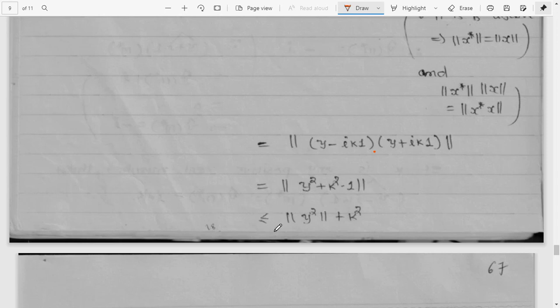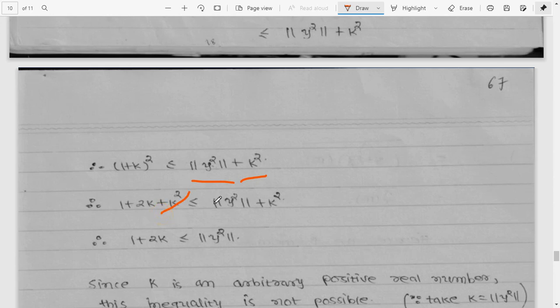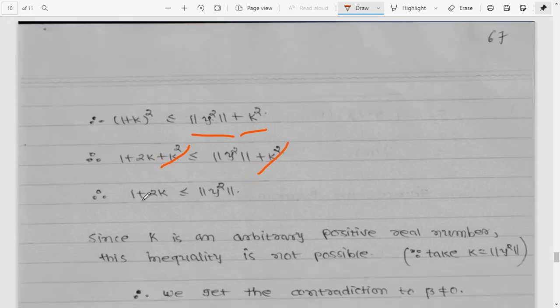It is less than or equal to norm y square plus k square. So 1 plus k whole square is less than or equal to norm y square plus k square. Simplifying this, the expansion gives 1 plus 2k plus k square less than or equal to norm y square plus k square. So k square cancels out, and 1 plus 2k is less than or equal to norm y square.